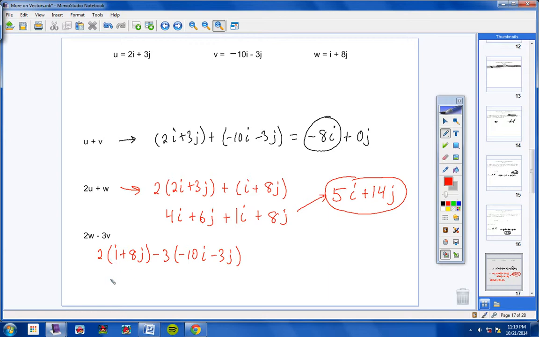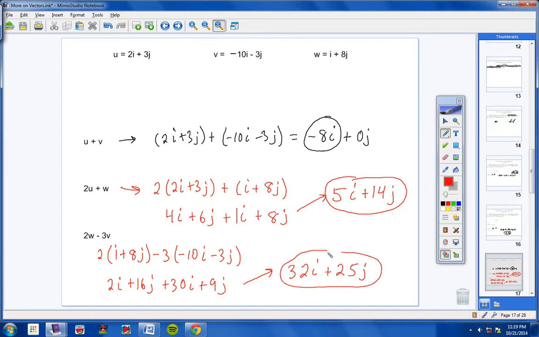Take your 2 and multiply it through: 2i plus 16j. Take your negative 3 and multiply it through: positive 30i, positive 9j, excuse me, and then combine like terms. So 2i plus 30i, 32i, 16j plus 9j, 25j. And there we go. Okay, just like that, pretty simple.